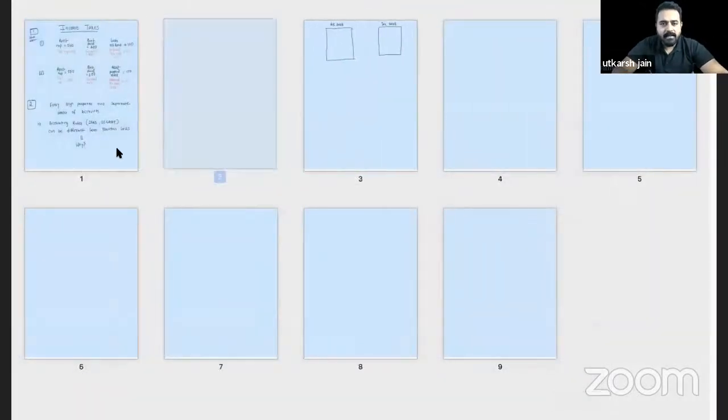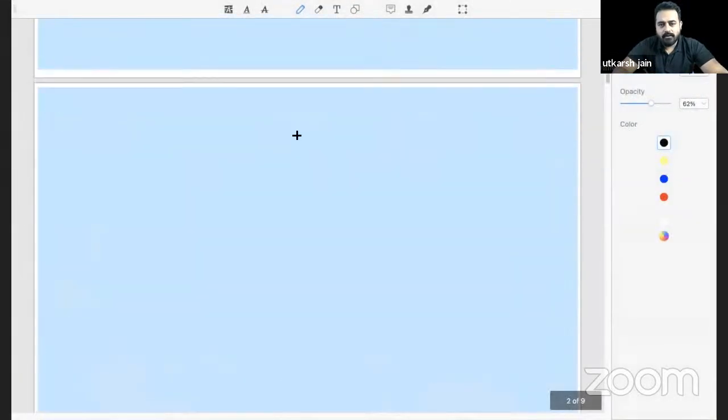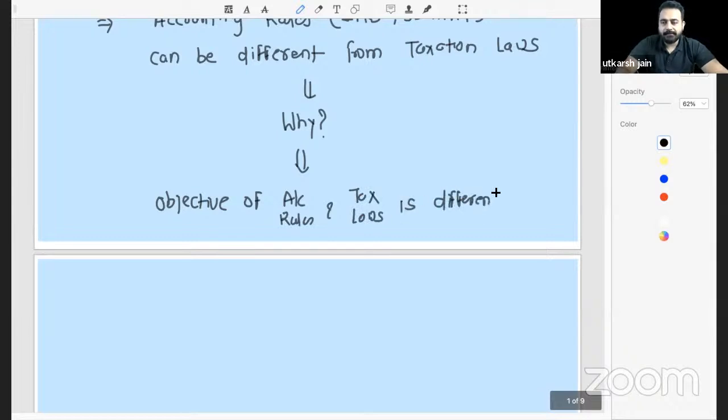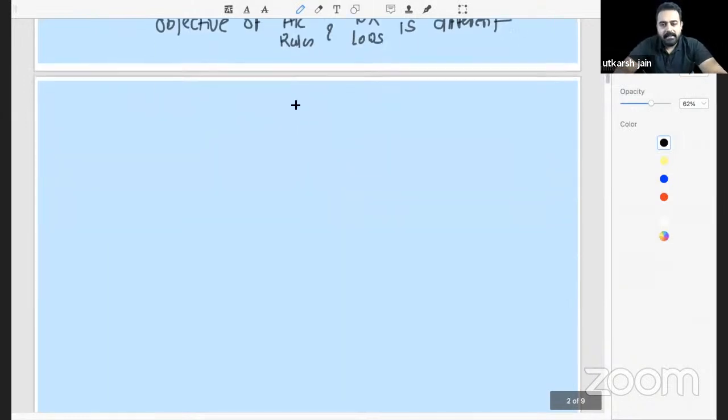So the answer lies in that the rules are different because the objective of accounting rules, which is accounting standards, and tax laws is different. Okay. So the objective of the two rules is different. So then the question comes, if the objective of accounting rules and tax rules is different, what is the objective? Why is it different?